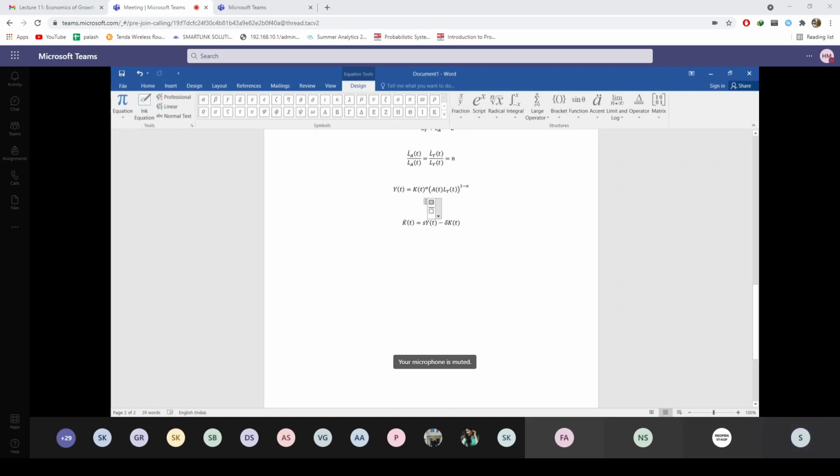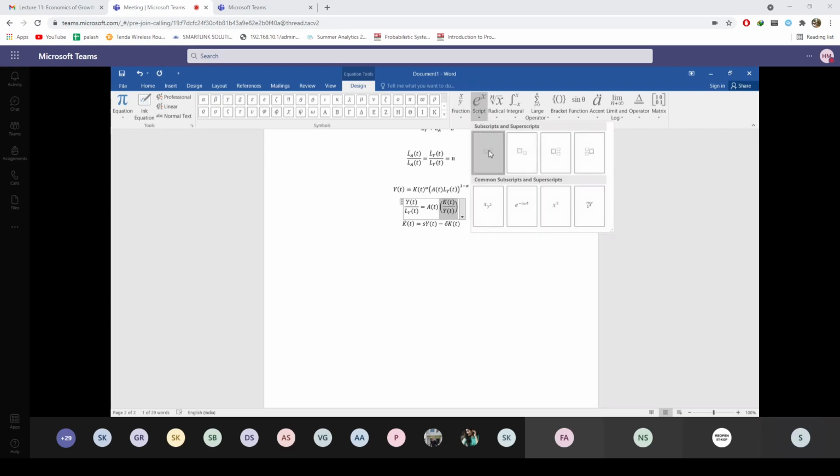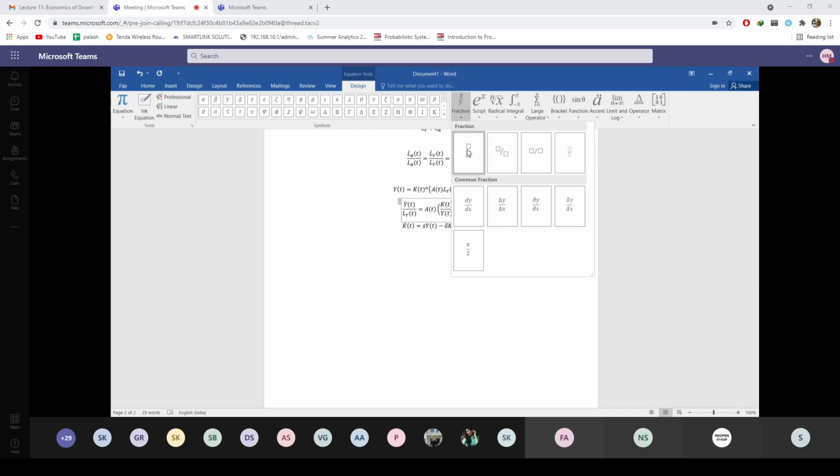capital YT over LYT equals AT multiplied by, in the bracket, capital KT divided by capital YT, whole to the power alpha by 1 minus alpha.